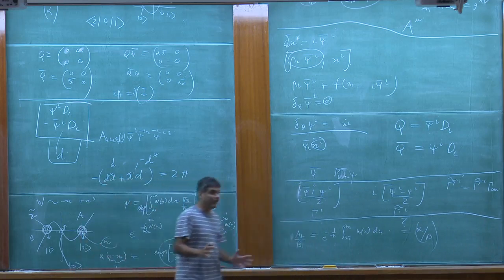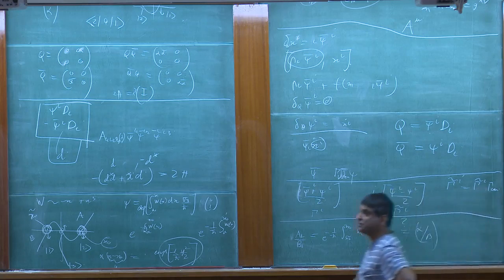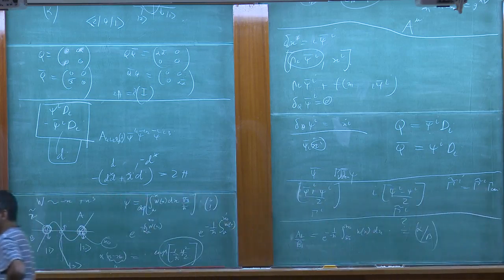So now what we're going to do is to take the same model and add a potential function. Yes. Yes. What is that term doing? Well, first it was needed for supersymmetry.